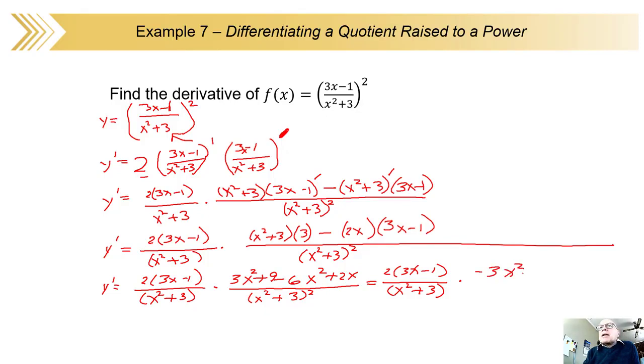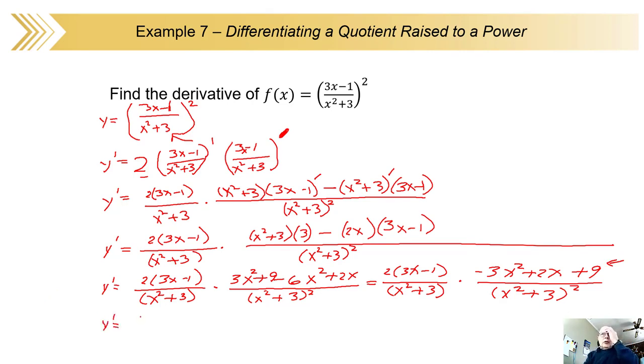And I've got a 2x plus 9 over x squared plus 3 squared. Okay, let's see. I don't see any way of factoring. It would have been nice if this part on the top was factorable. I don't really see anything.